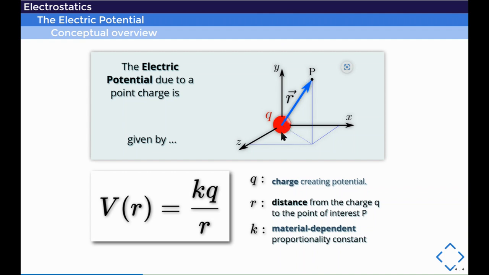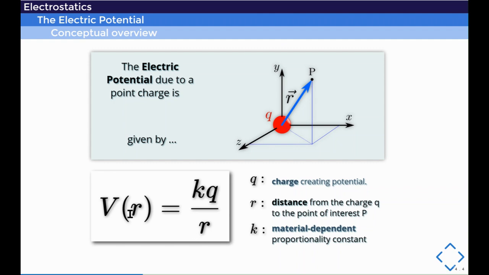So the size of this q, not the magnitude of it, not how big the net charge is, but how it is distributed. If it's distributed in a very small volume compared to this distance r, then we call it a point charge. And this is how you calculate the potential due to that point charge.